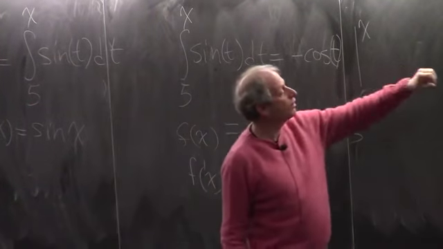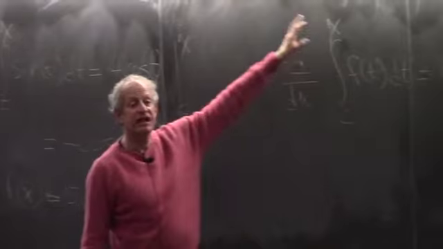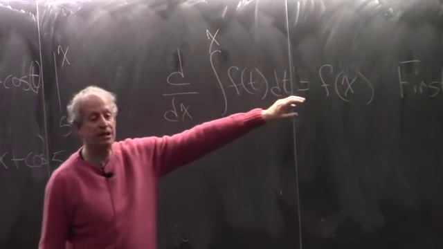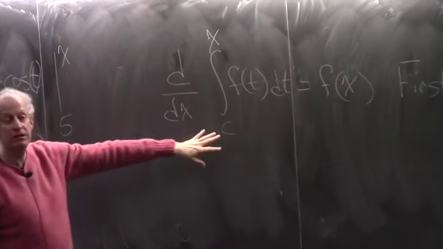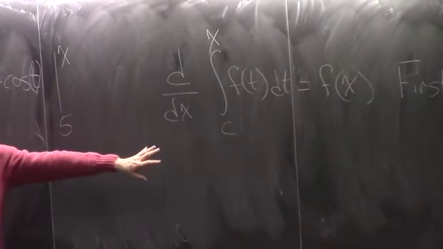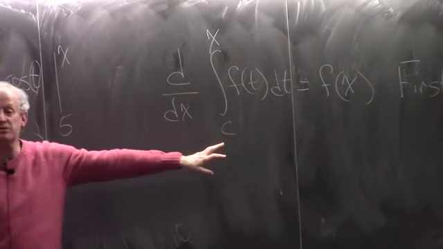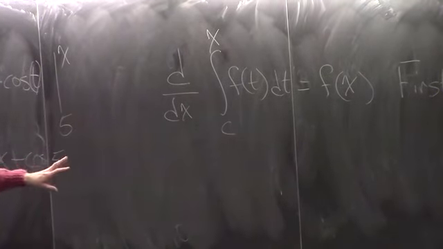Okay? So if I go from any constant to x of f of t, I just end up with f of x. This could be a billion, it could be negative a billion, it doesn't matter. It could be pi, if you really want to mess with your head. Okay, or e cubed. It doesn't matter. Okay? Because it's a constant.